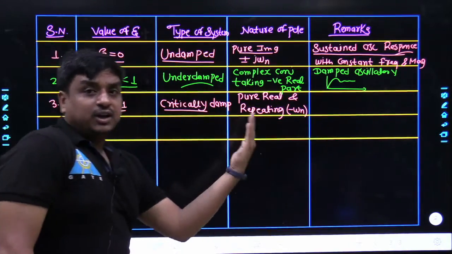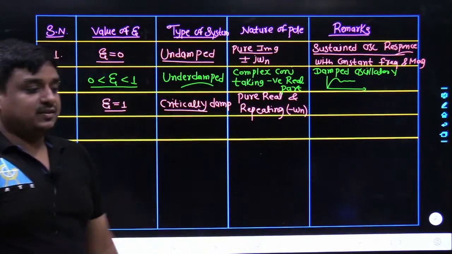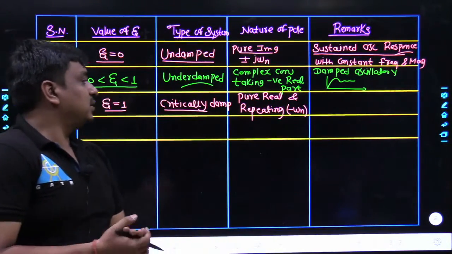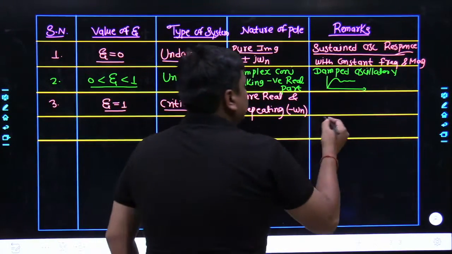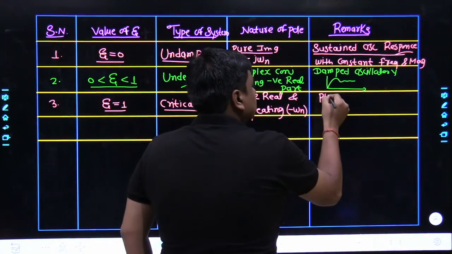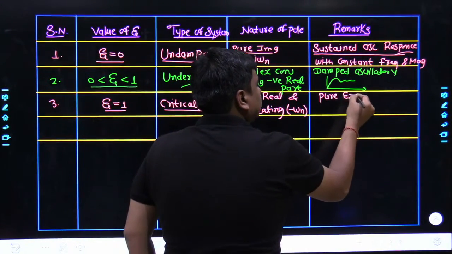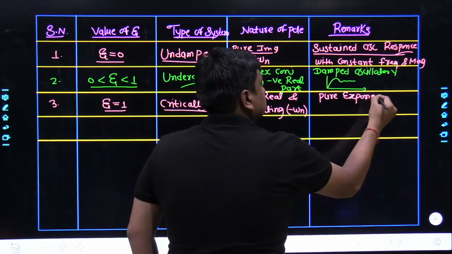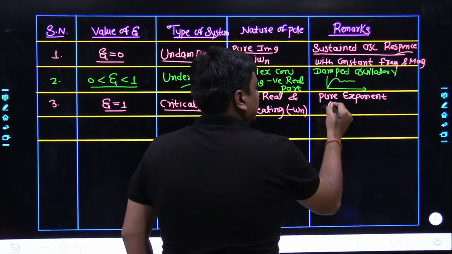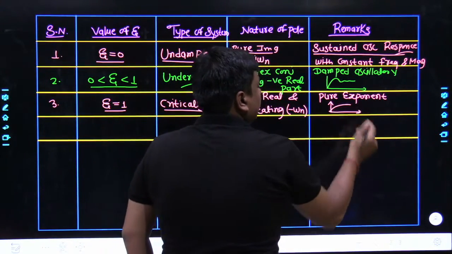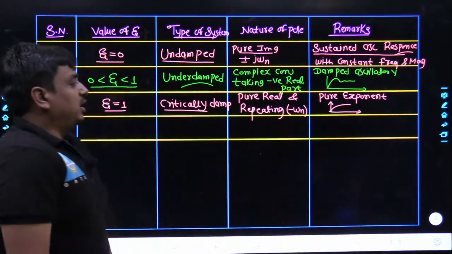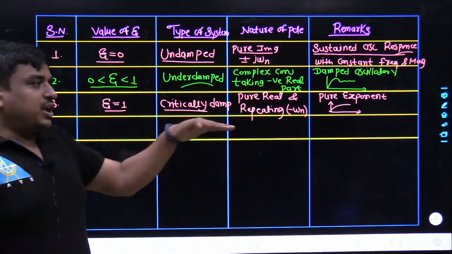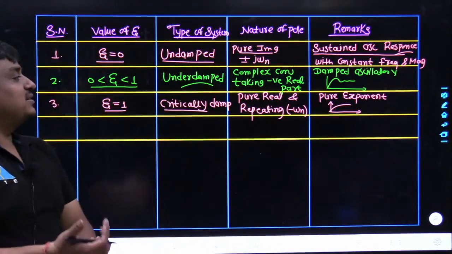Because they have been falling towards the left hand side of the x-axis. And anyways, if we talk about its output, it would be pure exponential. So if we talk about its response, the response would not oscillate. It would keep increasing with time and would get settled to the steady state value.